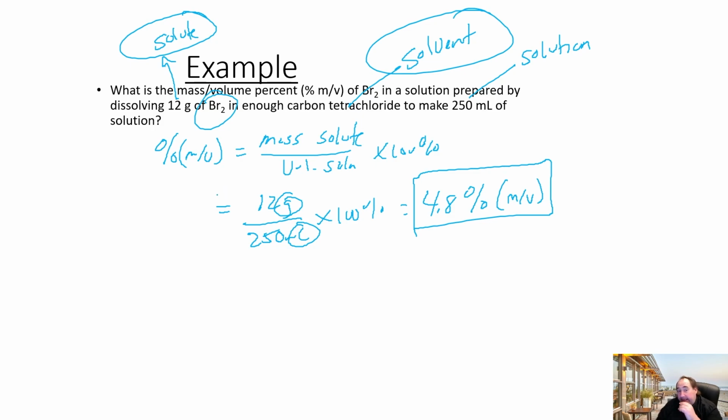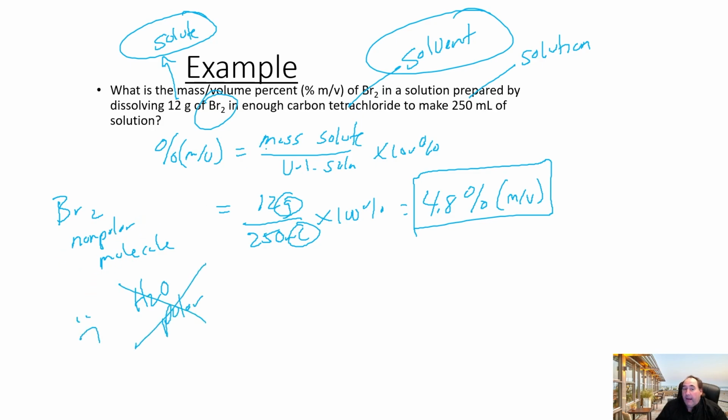All right, so hopefully on your screen there, you are saying water is a terrible solvent for Br2, and that is because Br2 is non-polar, right? The bond between bromine and bromine is going to be non-polar, which makes it a non-polar molecule. That means if I try to dissolve it in water, which is polar, it's not going to work, right? But if I take something like carbon tetrachloride, which looks something like this, if I just quickly draw it without all the dots on the chlorines, that is a symmetrical geometry.